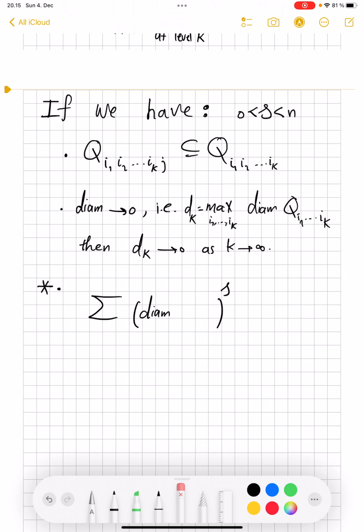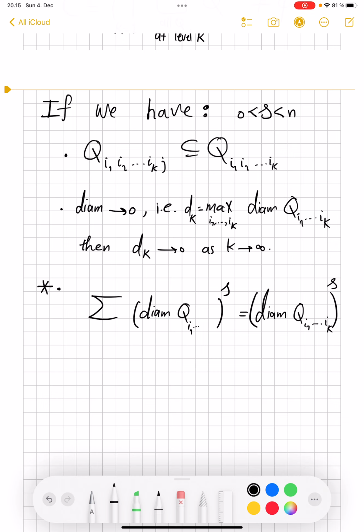What we require here is that if you have the cube Q I1 ... Ik, if again you freeze one of these and you raise that diameter to power s, then it becomes the summation of diameters of all of its babies.